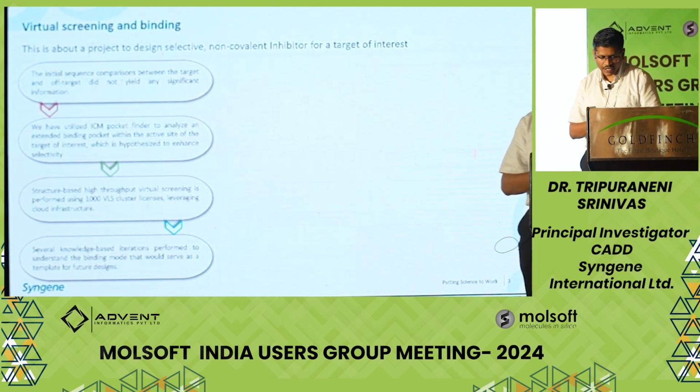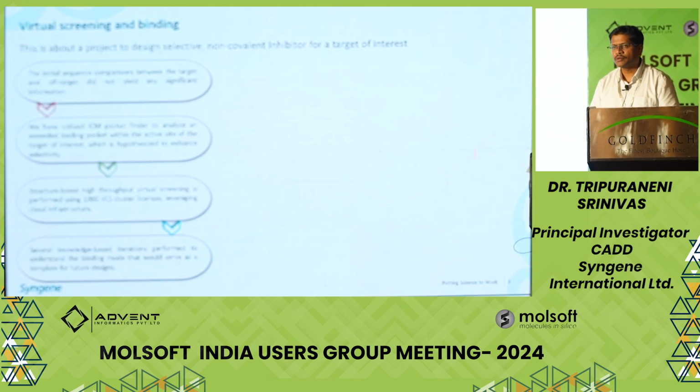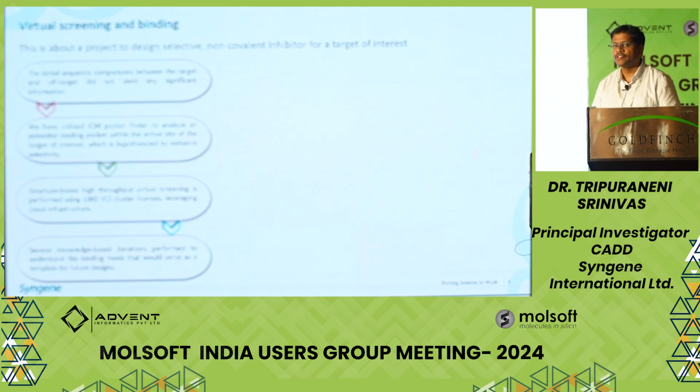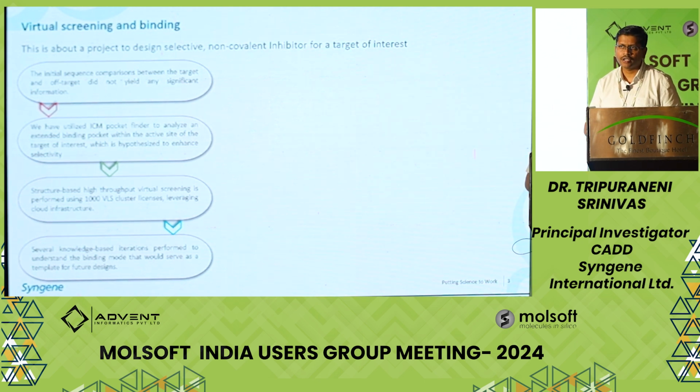Initially, we started with the ICM pocket finder to understand how things go there. We were able to find a non-canonical pocket, let's say cryptic, or a small extension to the original pocket in the target, which is not there in the off-target. Then the question is, can we target it? Even if we target it, does the biology have a procedure to evaluate it?